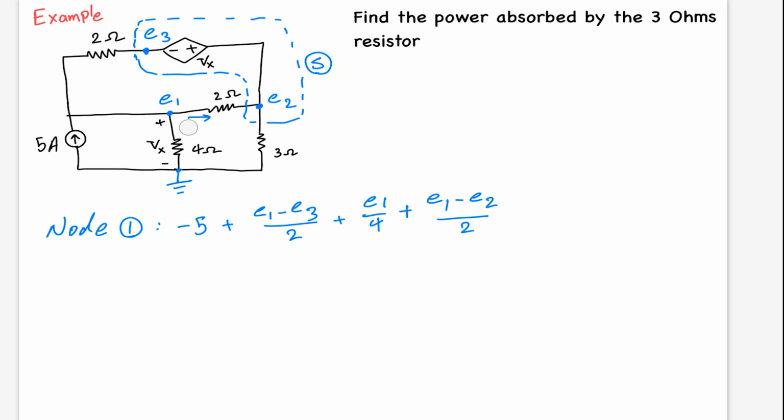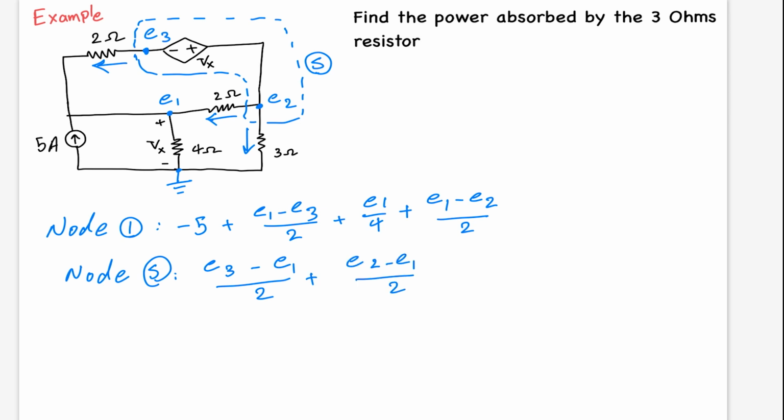Let me clear these parts. For node S, or supernode, these currents are going out of it. So we have E3 minus E1 over 2, plus E2 minus E1 over 2, plus E2 over 3.